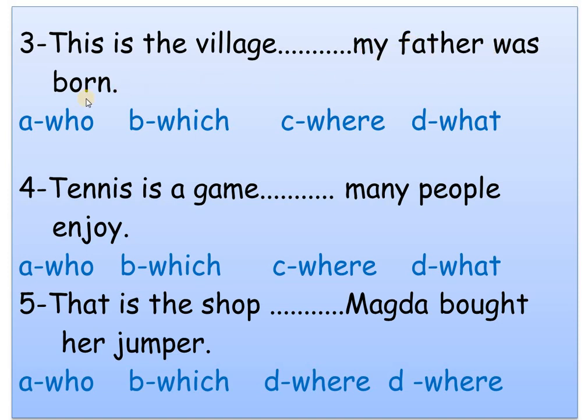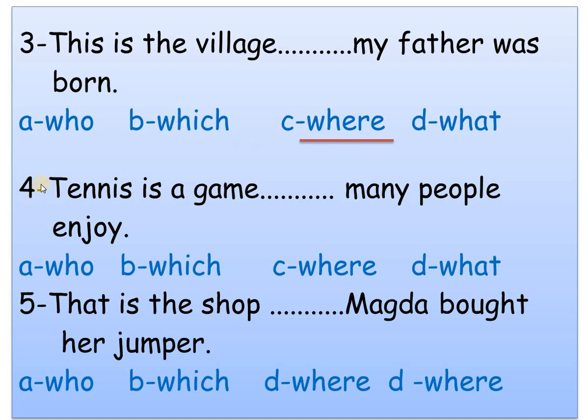My father was born. If we do something in this place, or something happened in that place, like born or live, learn, or any other thing, we use where. But if we only describe the place without doing anything inside it, we use which. Here my father was born, so there is an action that happened in this place. So the right word is where, not which.